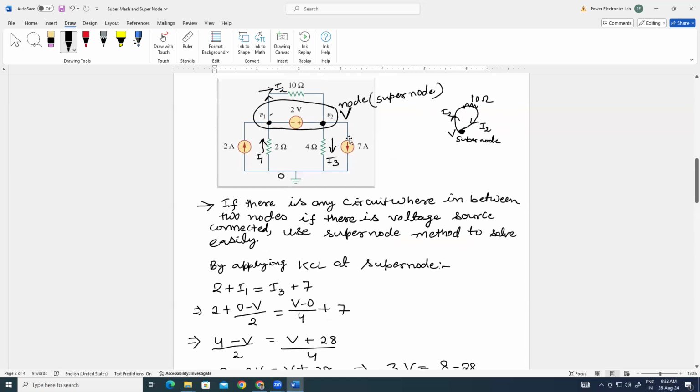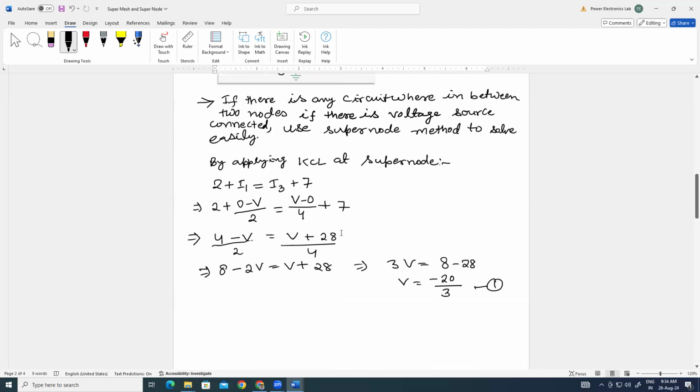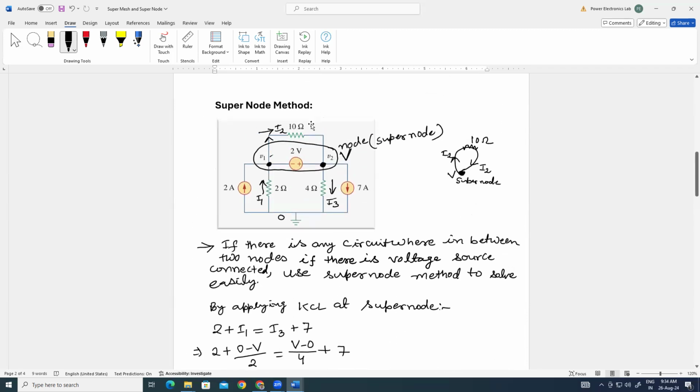Now we have to take one KVL also in this super node method. Whether it is for super node or super mesh, you have to use both KVL and KCL, because we have assumed the value of V here, but we don't know the value of V1 and V2. So what will be the value of V1 and V2, that we will identify.